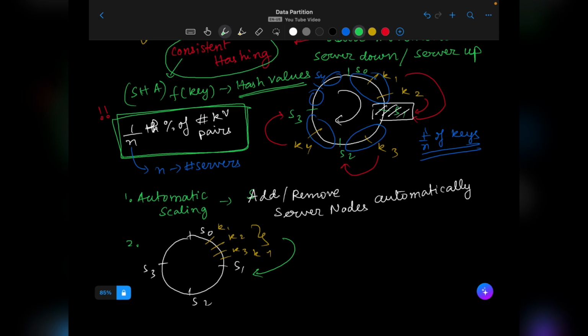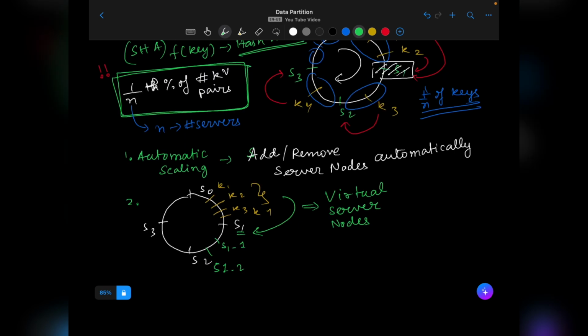So what we do is introduce something called virtual server nodes. Virtual server nodes are basically part of the actual servers, but they are numbered like S1,1, S1,2, here S0,1, here S2,1, and here also S0,1.